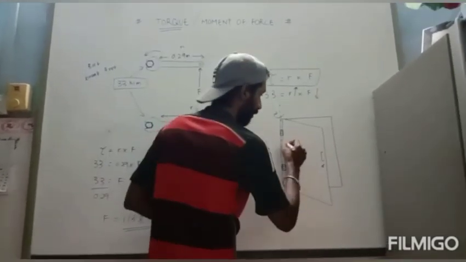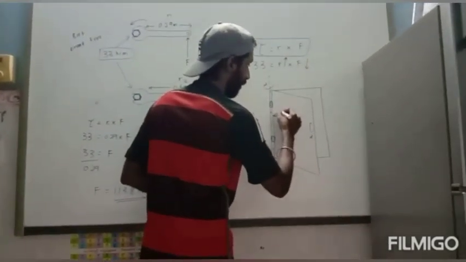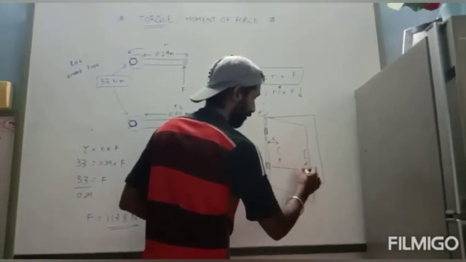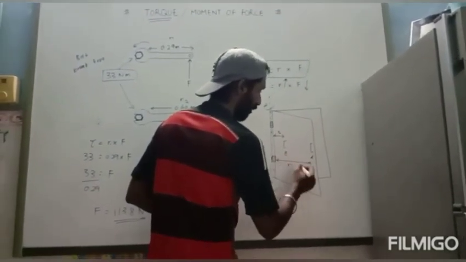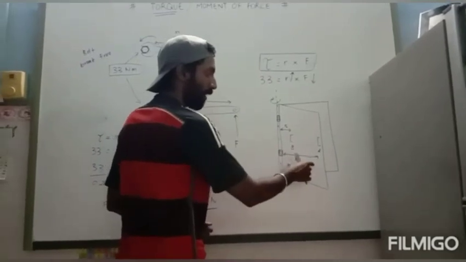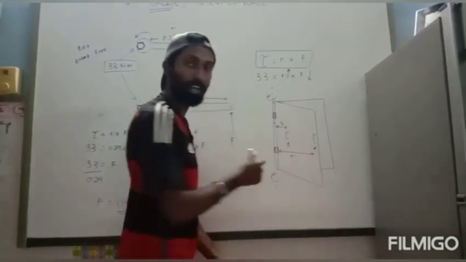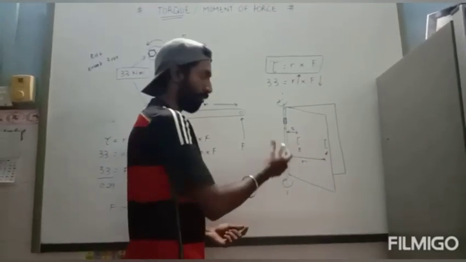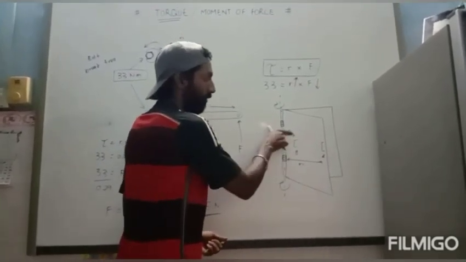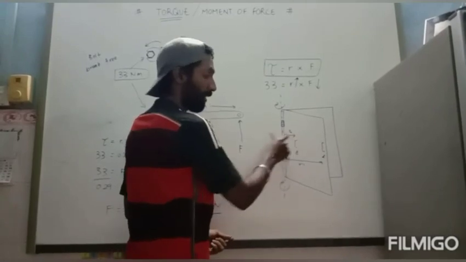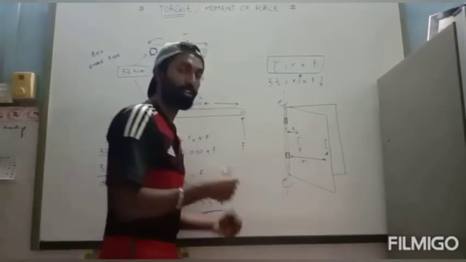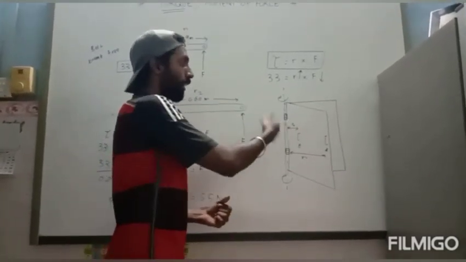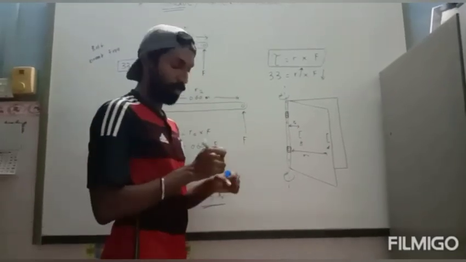This is R2 and this is R1. R1 is greater. The lever arm at position A is greater, so the torque produced is greater to open the door. The lever arm at position B is smaller, and smaller torque is produced, which cannot open up the door.